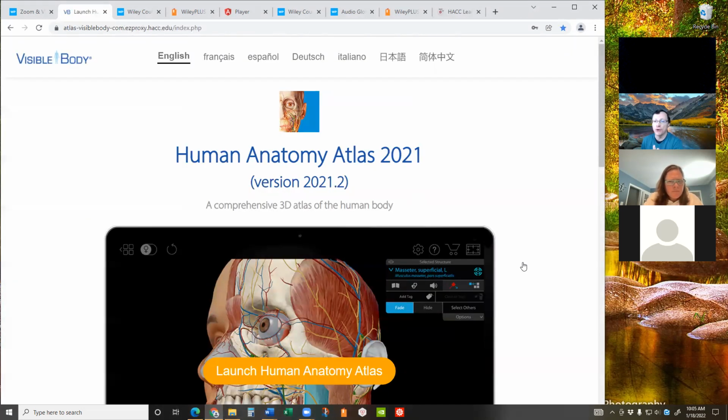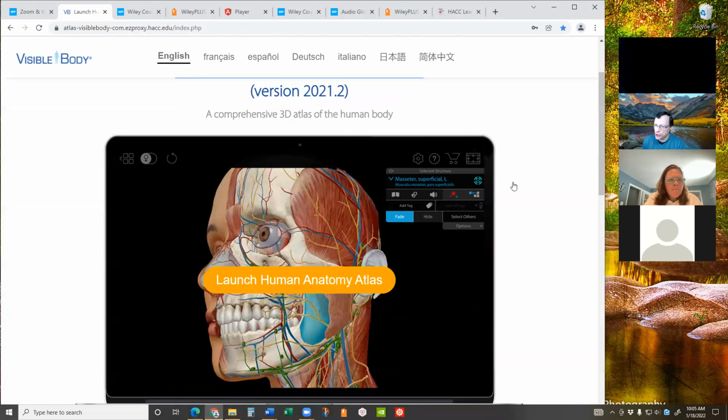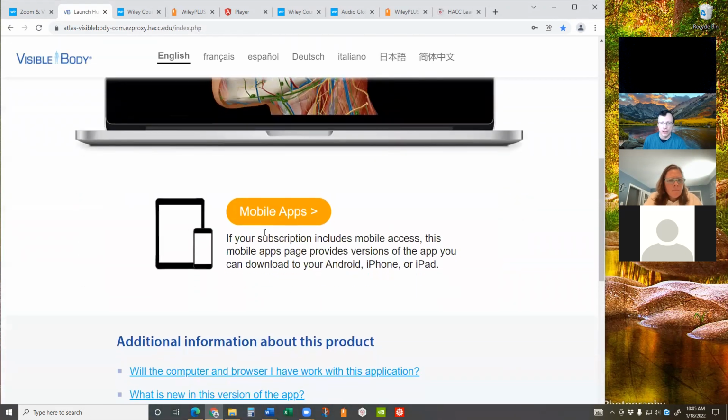All right, so before you do anything, folks, you should have a page that looks like this. Human Anatomy Atlas 2021, version 2021.2. This is a digital, virtual, electronic atlas of the human body. Before you launch the atlas, I want you to take note, mobile apps. If your subscription includes mobile access, this mobile apps page provides a version of the app you can download to your Android, iPhone, or iPad.